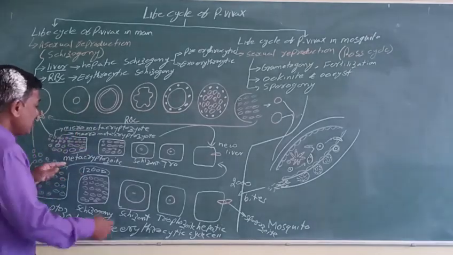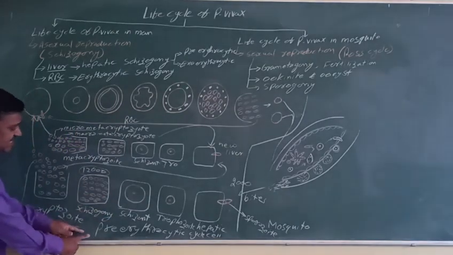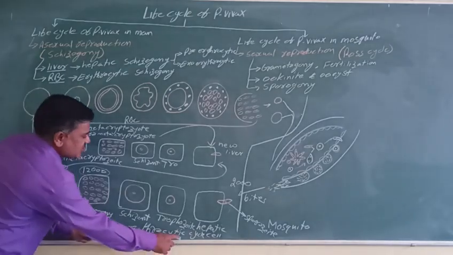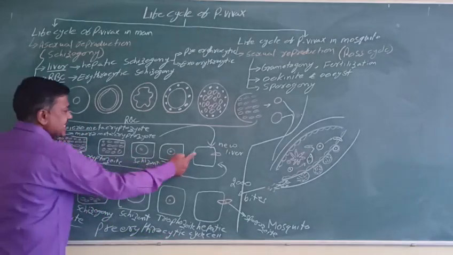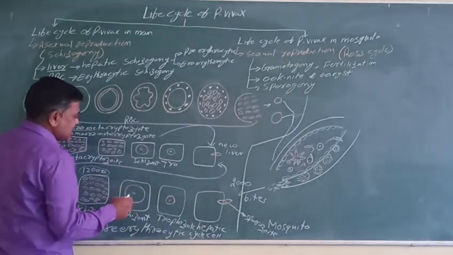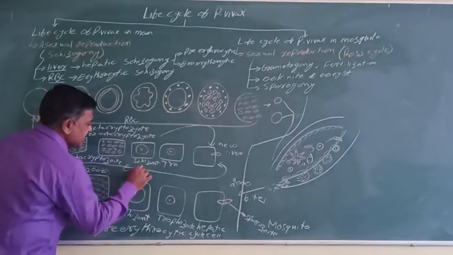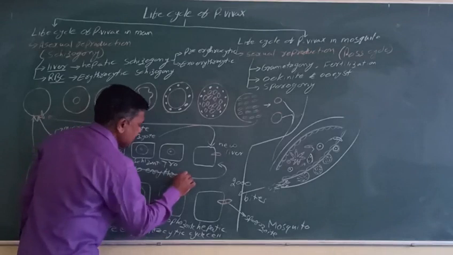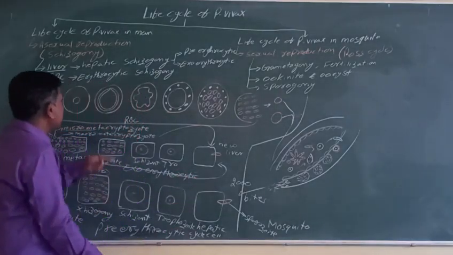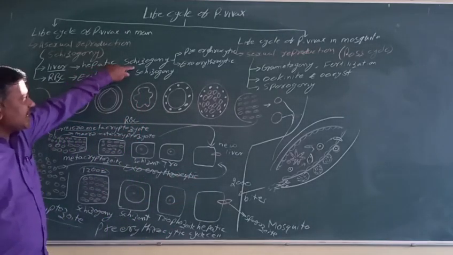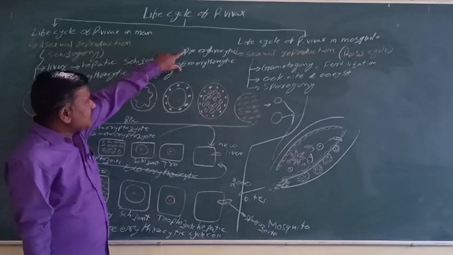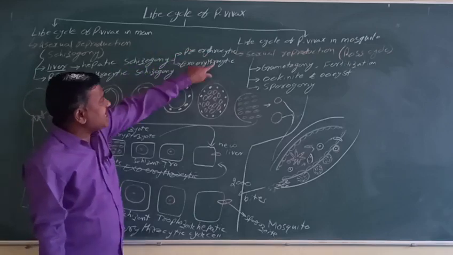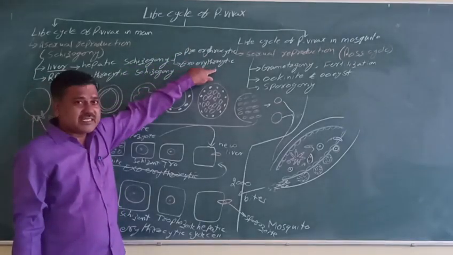Clear? So this first cycle is called the pre-erythrocytic cycle, and this second cycle is called the exoerythrocytic cycle. So hepatic schizogony is divided into two: the pre-erythrocytic cycle and the exoerythrocytic cycle.